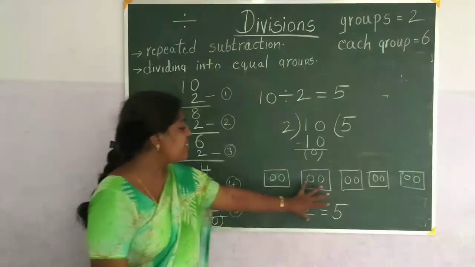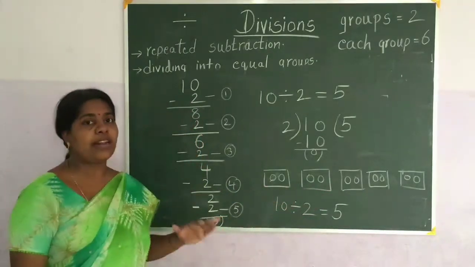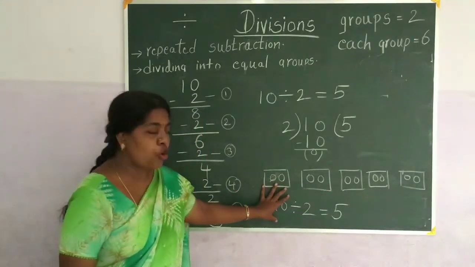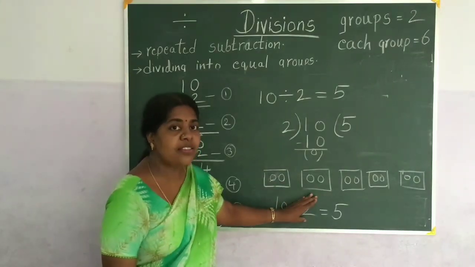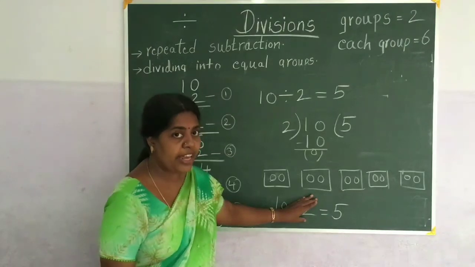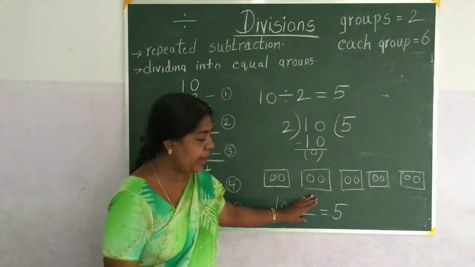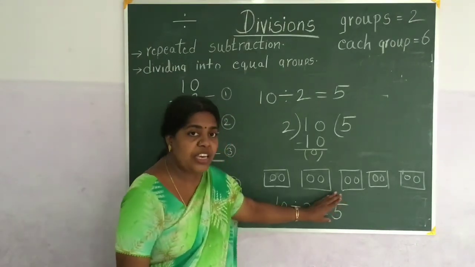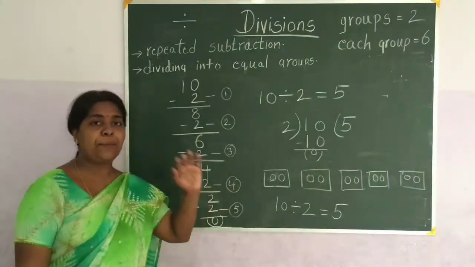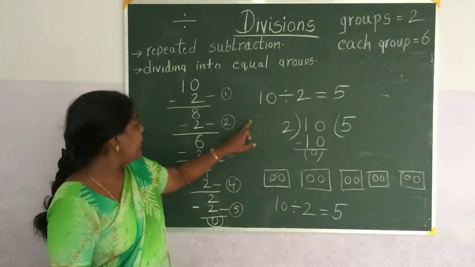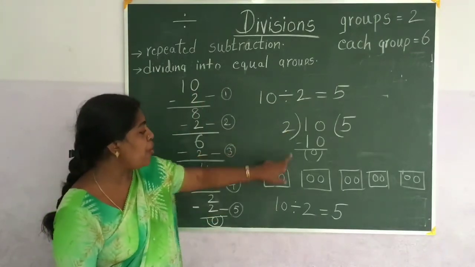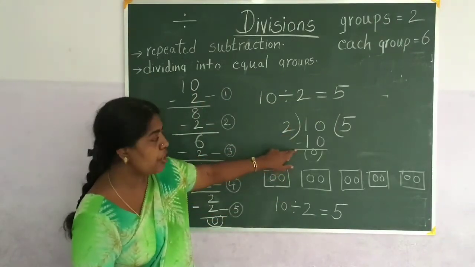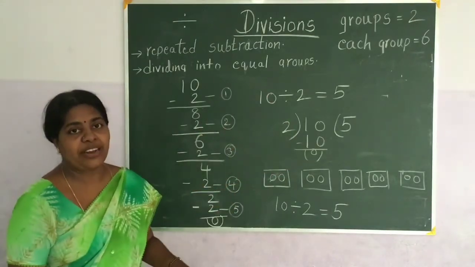So here by seeing this, you have to understand the statement. The number of chocolates are 12 and 2 chocolates are there with each one. This 5 is the number of people. And you can do this in the form of equal groups, division form, and repeated subtraction.